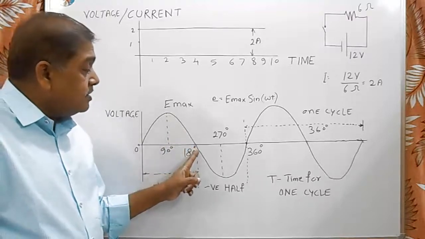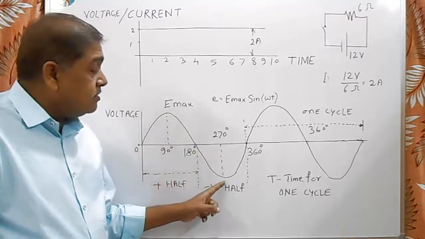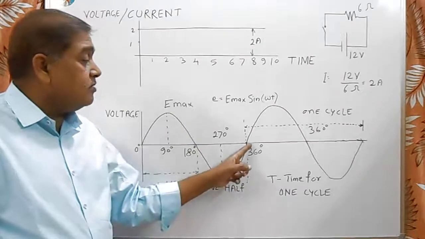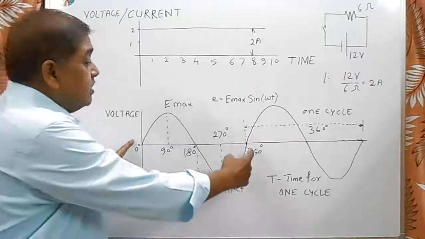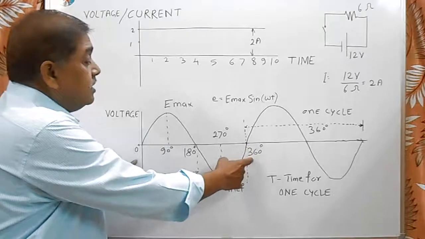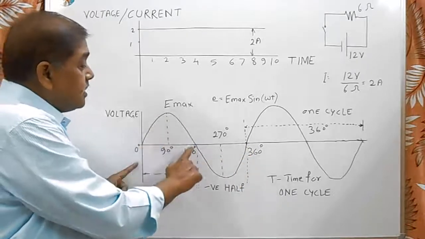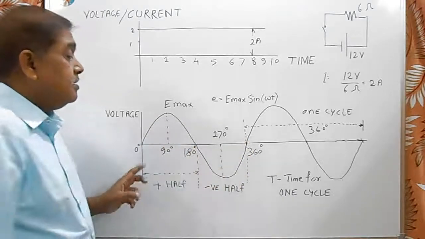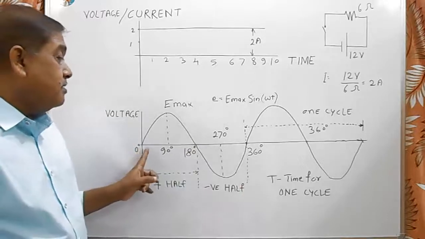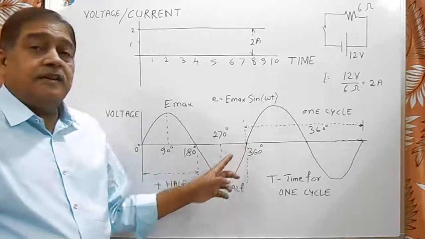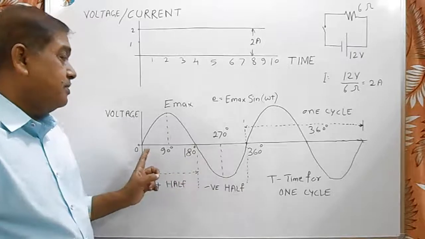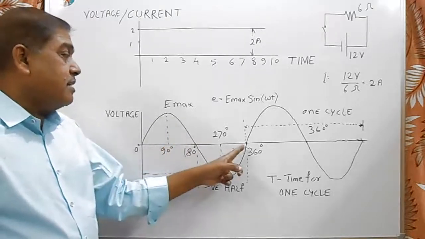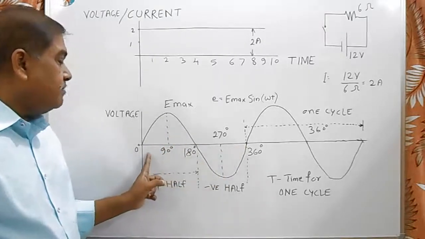Again voltage increases in the negative direction and then goes to 0. Here time corresponds to degrees. One positive half cycle and one negative half cycle make a complete cycle, that is equal to 360 degree. As per the frequency of this voltage, the time required can be found out.